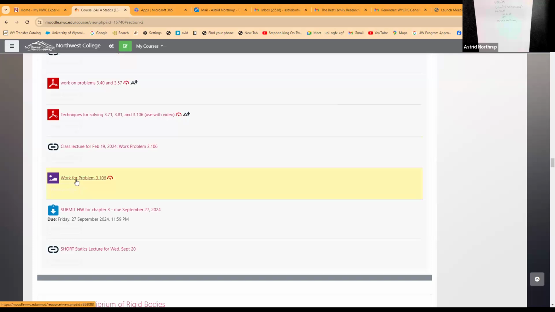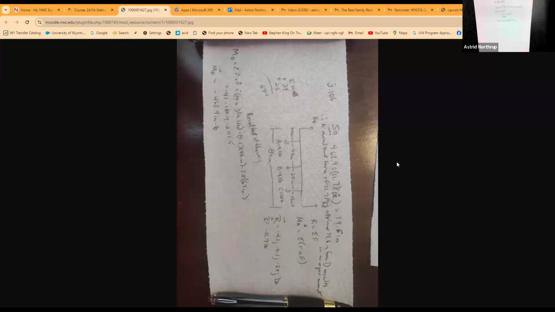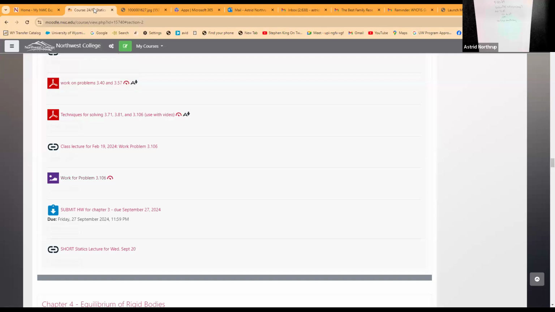Okay, well, one thing I'll show you is the last homework problem, number 106. Oh yeah, I did this on a napkin, that's great. But there it is. The work is done for 106, or most of it. It's at least set up.